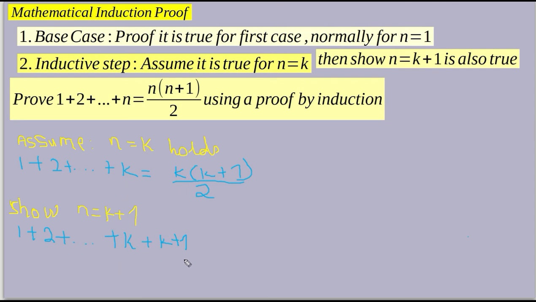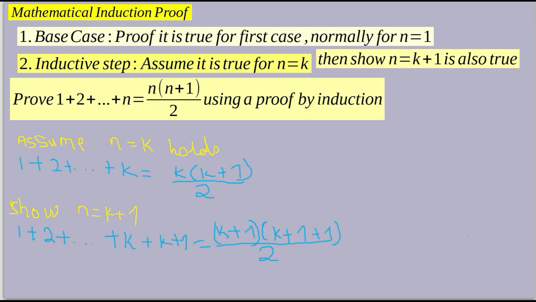I wrote that there because I want to use this expression to do my proof. So I have this is equal to k plus 1 into brackets, k plus 1 plus 1, divided by 2.